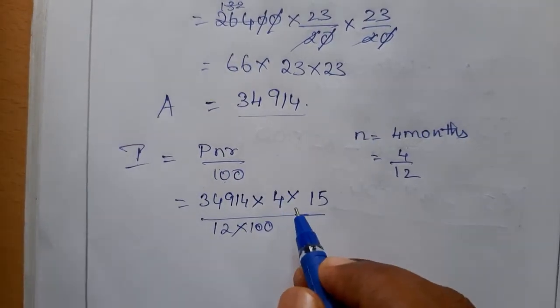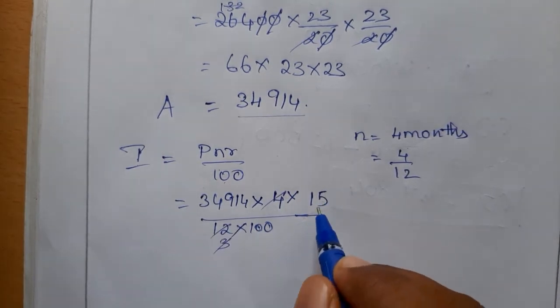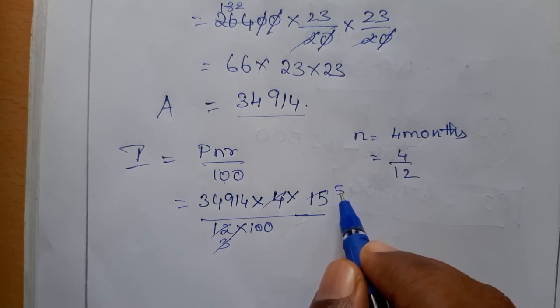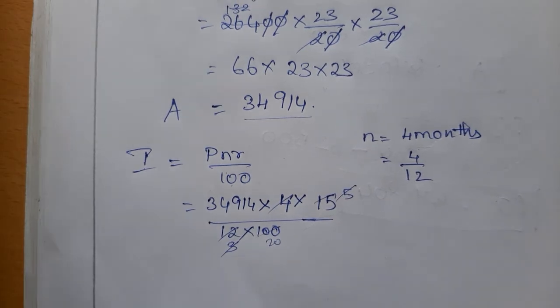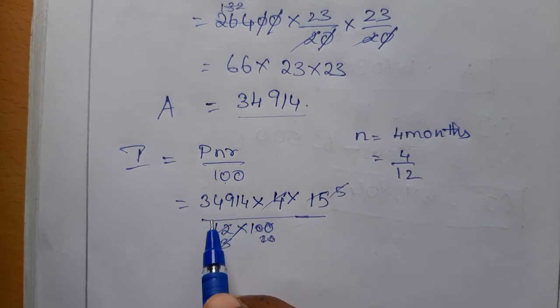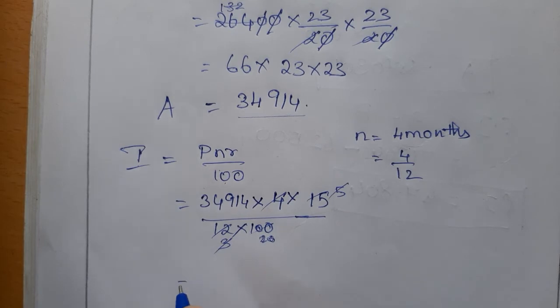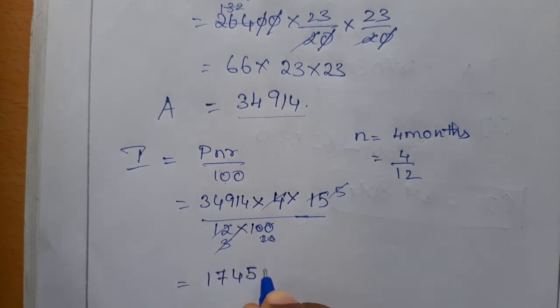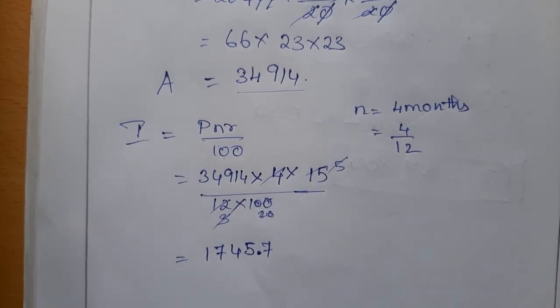Okay, so now this we can simplify as 3 times 3, 5 table 20, right? And if we divide this we will be getting 1745.70. So this is the interest we'll get at the end of the 4th month.